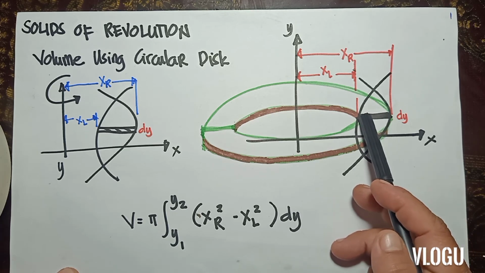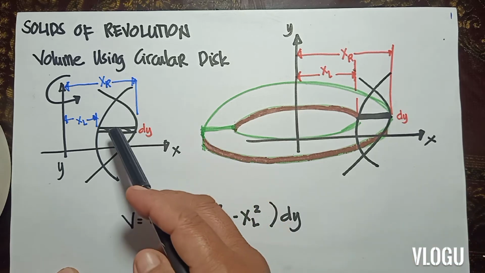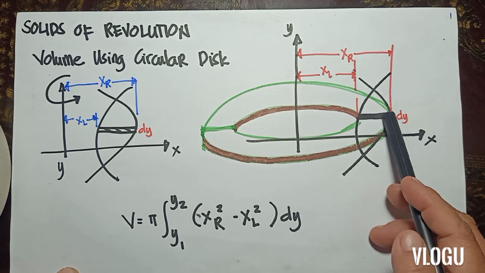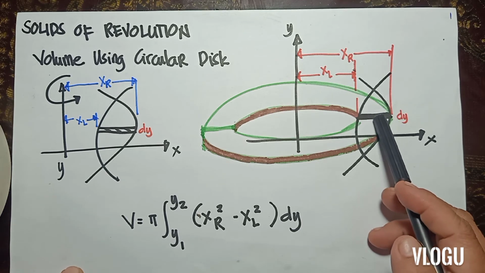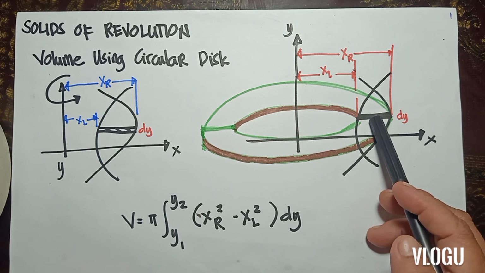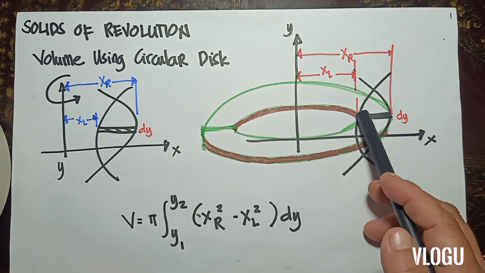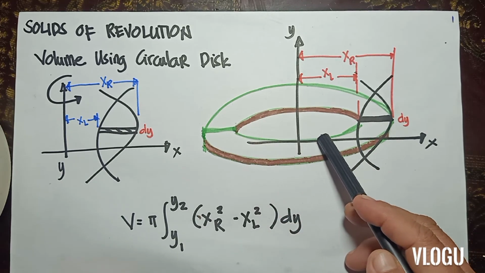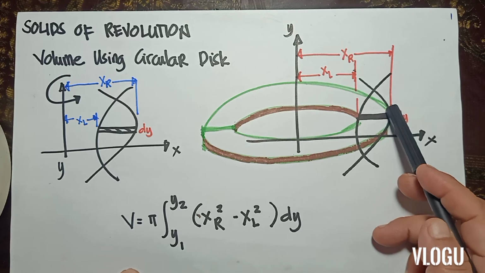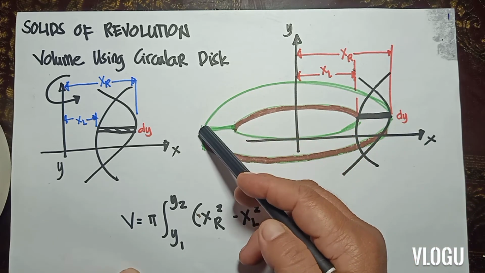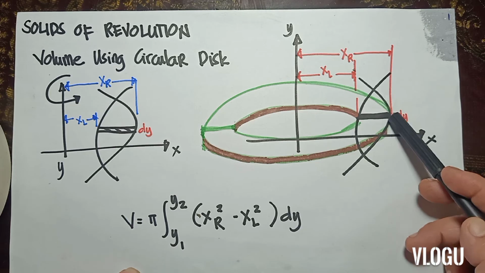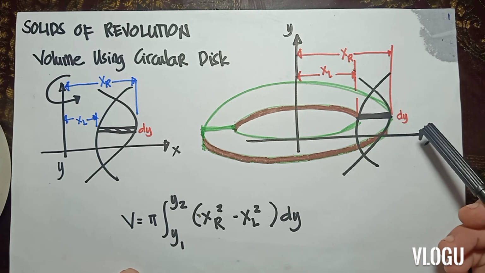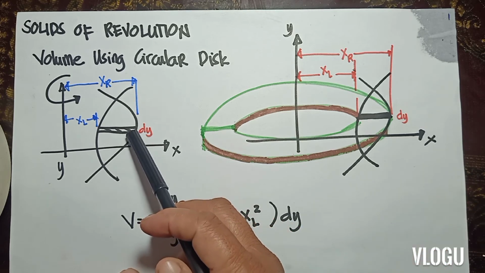For example, we have this one, the replica of the figure here. If we revolve this one about the y-axis, and so do with this one, we can form a circular disc out of this horizontal strip.